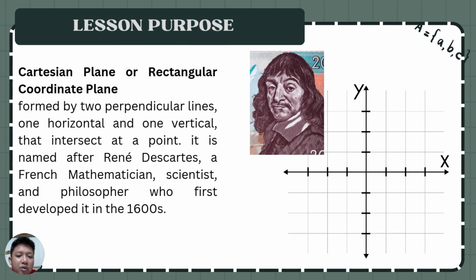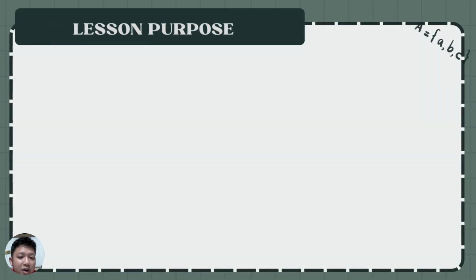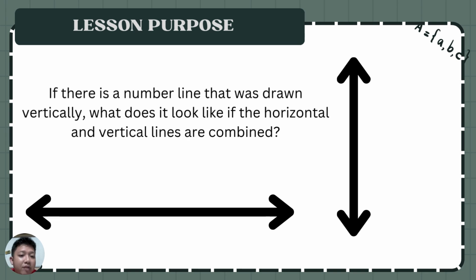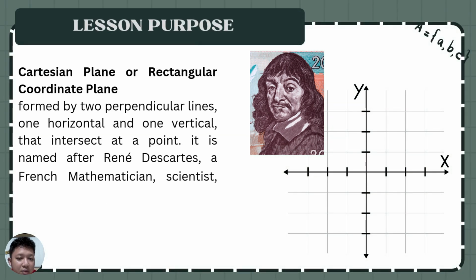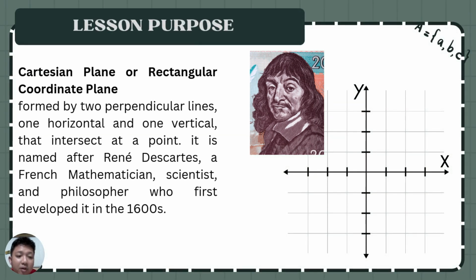Here we can see, like what I said from the previous question: if there is a number line that was drawn vertically, what does it look like if the horizontal and vertical lines are combined? In this current slide, you can see a Cartesian plane on the right side.